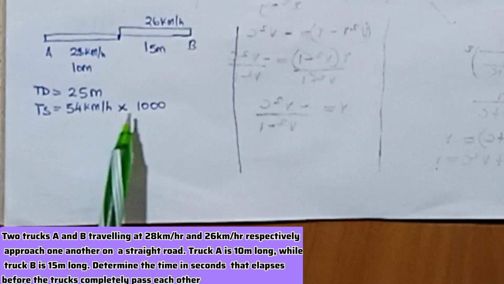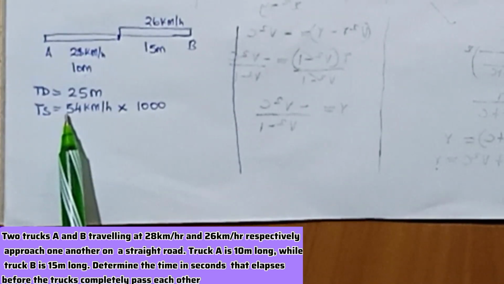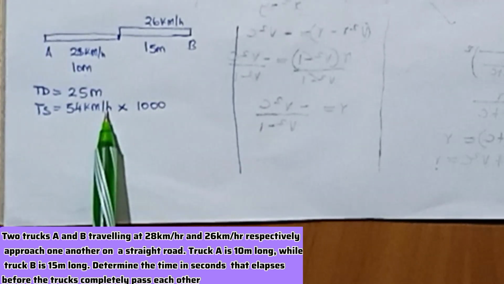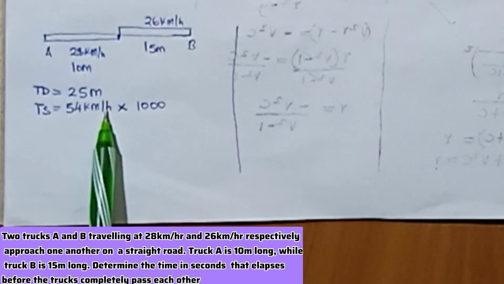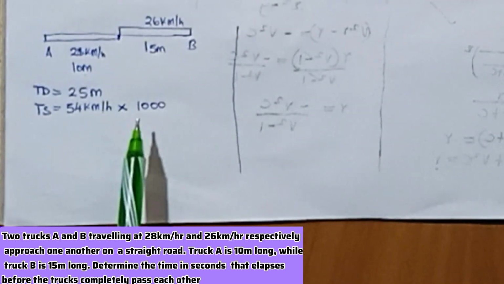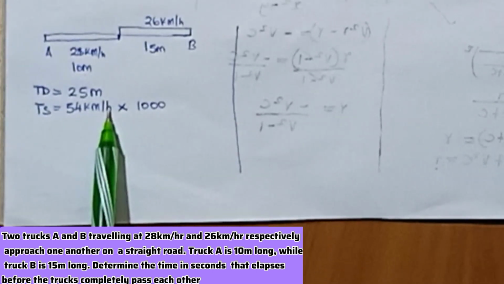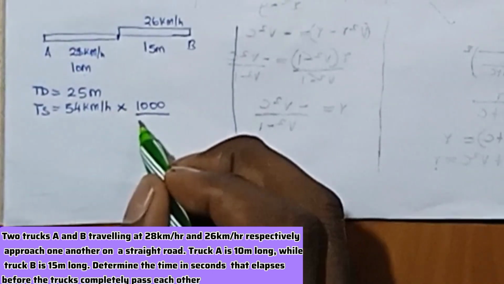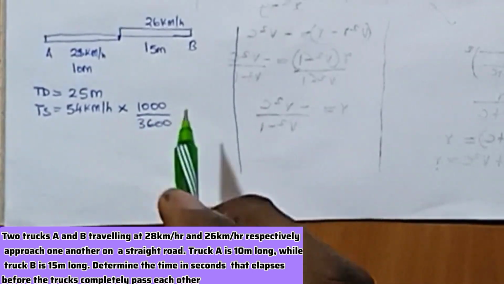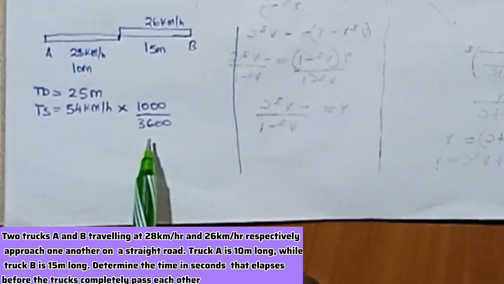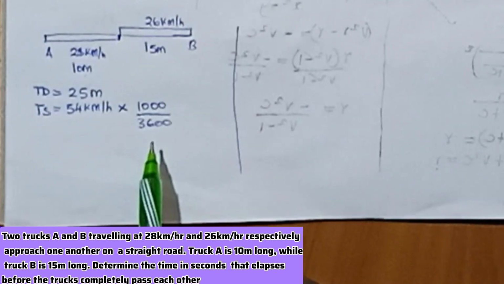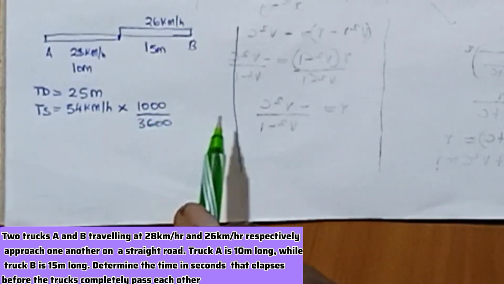And this hour we are going to convert to seconds, because this will be meters per second. So we divide by 3600, because 1 hour has 3600 seconds, so that it can be in meters per second.